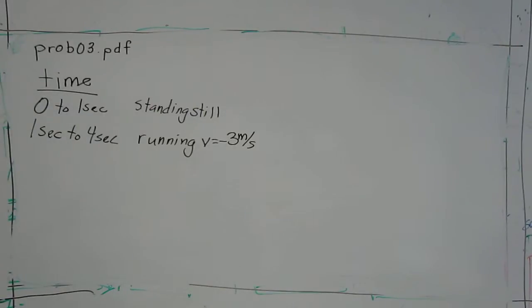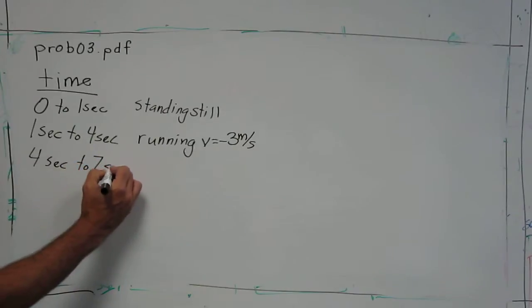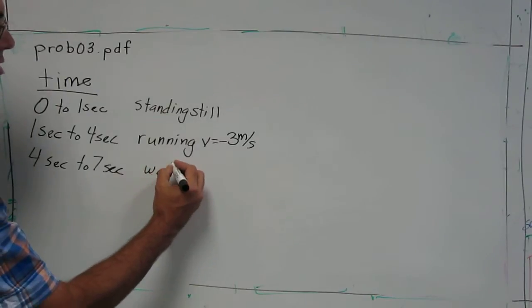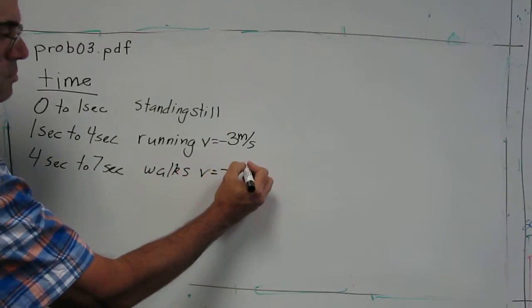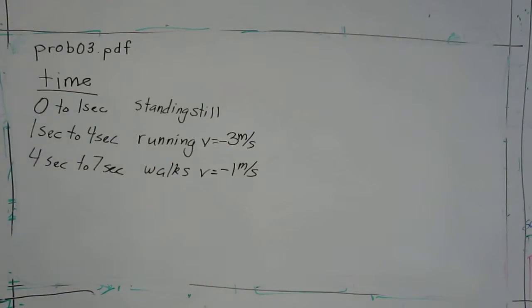Then the next step is for the next 3 seconds after this, which would be from 4 seconds to 7 seconds, the person walks in the negative x direction, so walks with the velocity of minus 1 meters per second. Notice it's slower than it is for running.